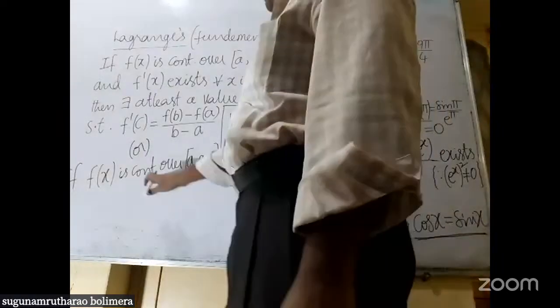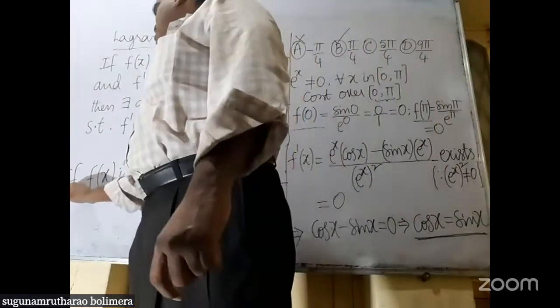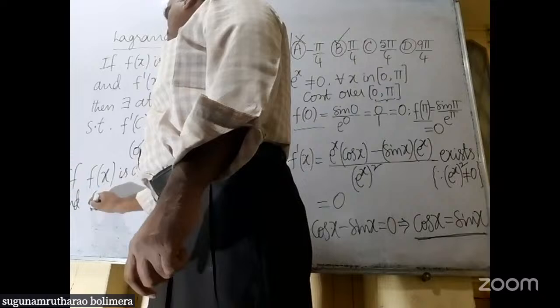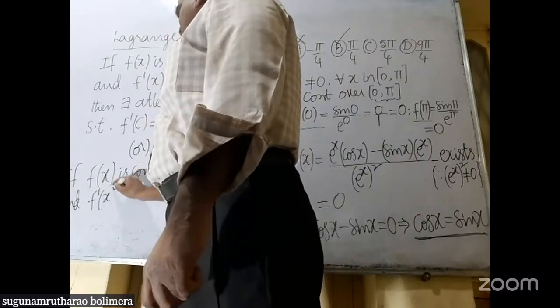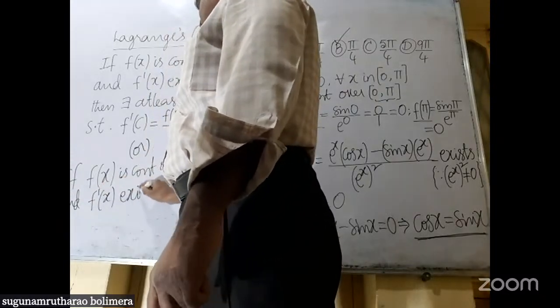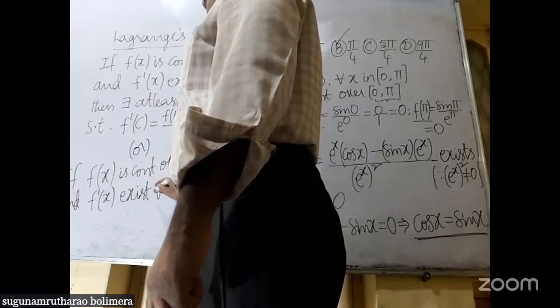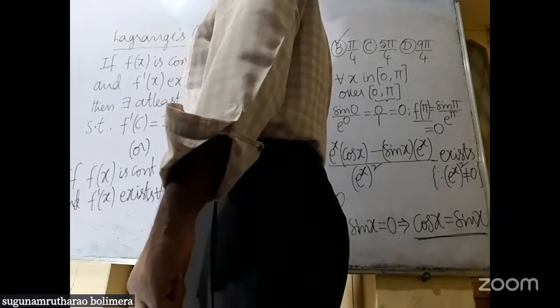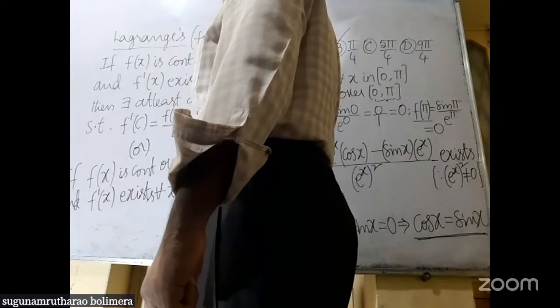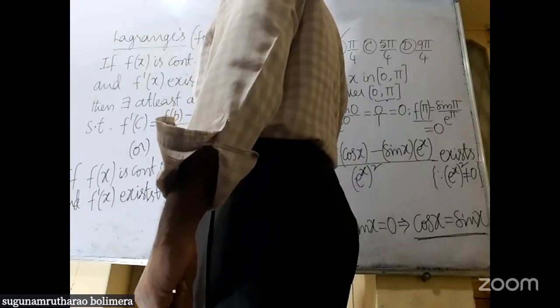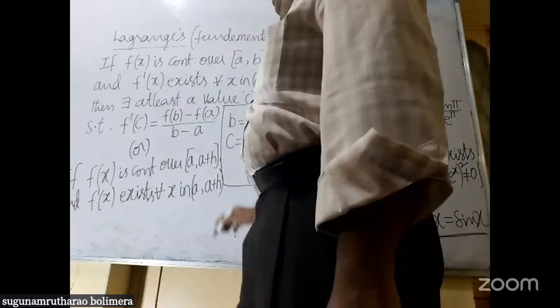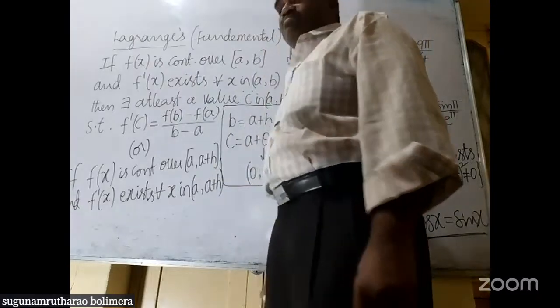So f of x is continuous over this, and f dash of x exists for x in open (a, a plus h).